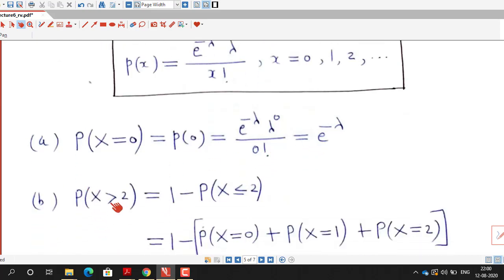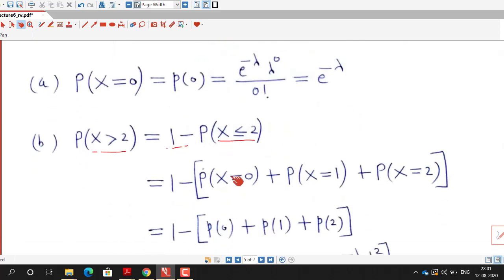Now the probability of the event capital X greater than 2. Here we are using the fact that capital X greater than 2 and capital X less than or equal to 2 are complementary events. So the probability of this event is 1 minus the probability that capital X is less than or equal to 2. The possible values of x are 0, 1, 2 and so on, so if capital X is less than or equal to 2, the possible values are 0, 1 or 2.